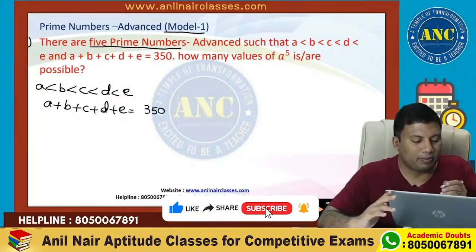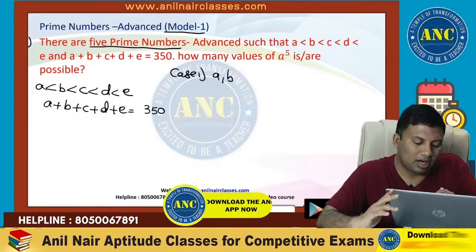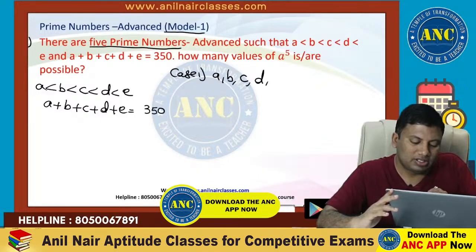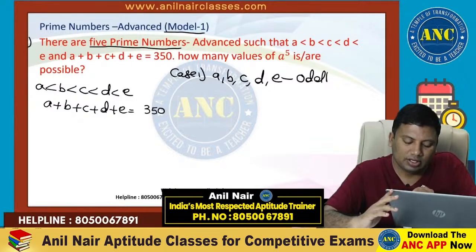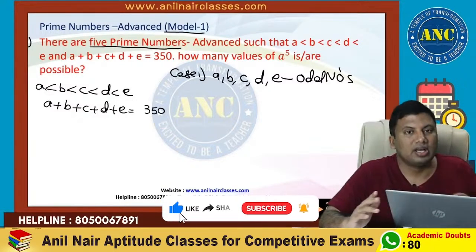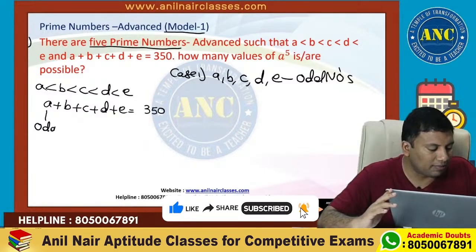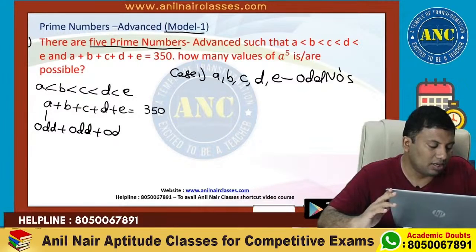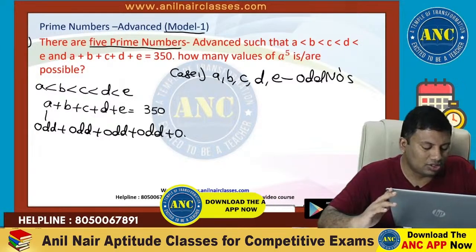When I take prime numbers, case number 1: if all of them are odd numbers, let me see what will happen. I am excluding the 2 case. If A, B, C, D, E are all odd numbers, you don't need to write it.